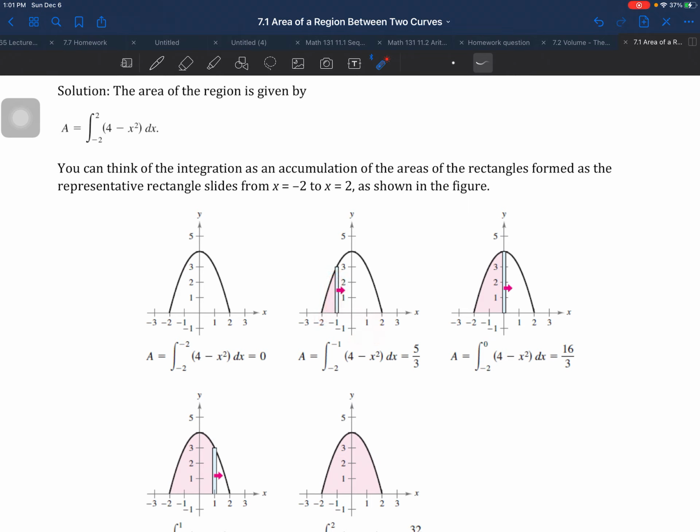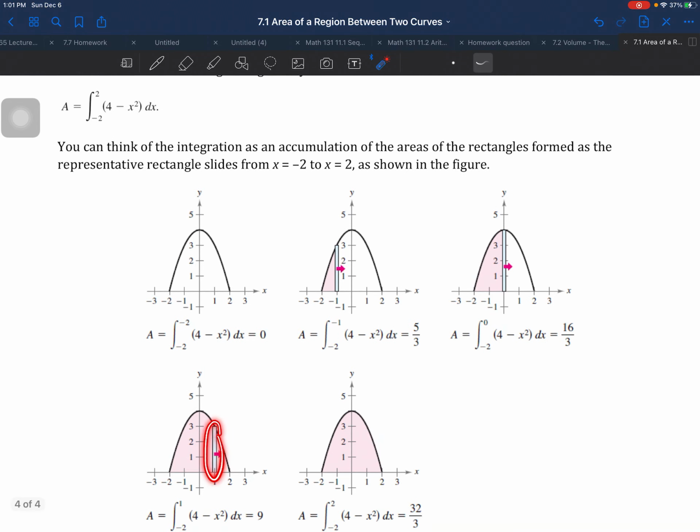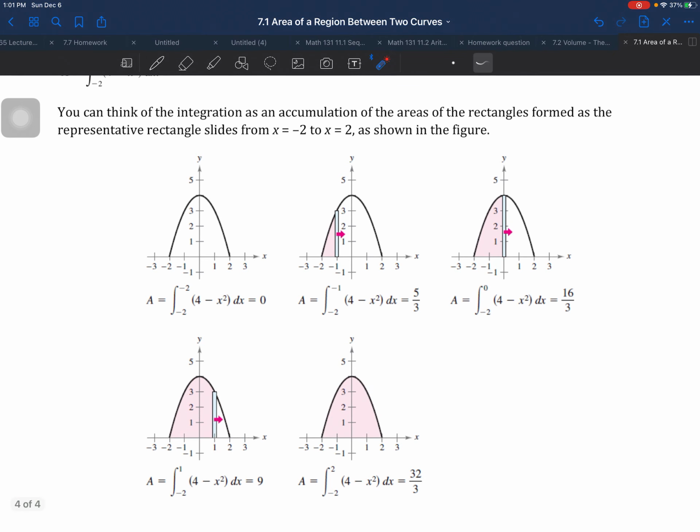So if you think about it, from here you have 0 area, because there's no accumulation of area. Here, as long as you start sweeping around from -2 to -1, you accumulate some area. If you continue with that sweeping, you accumulate more area, and then more area.